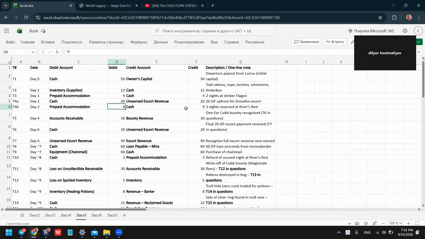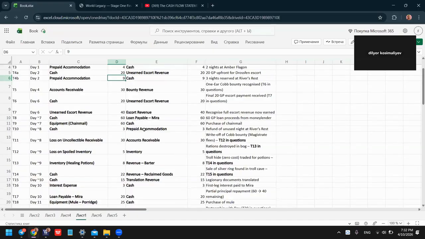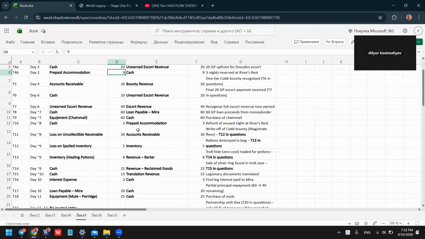Then she received a refund from the hotel, 3 golden pieces, because she didn't stay for the third night, right?